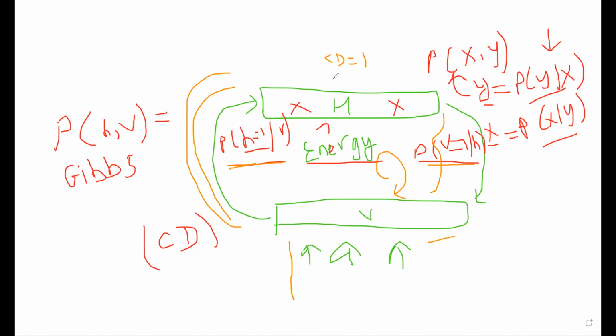But if I want a value of 2, then I input the data, sample from this distribution, come back, sample here, come back, and then sample one last time. This is one iteration: I go up, I go down, and then I go back up again. That is one iteration of the Boltzmann machine or the RBM.